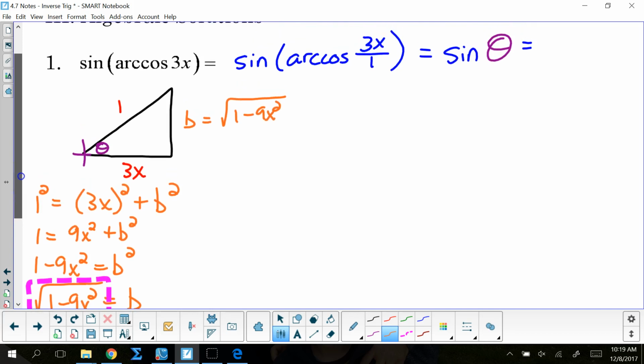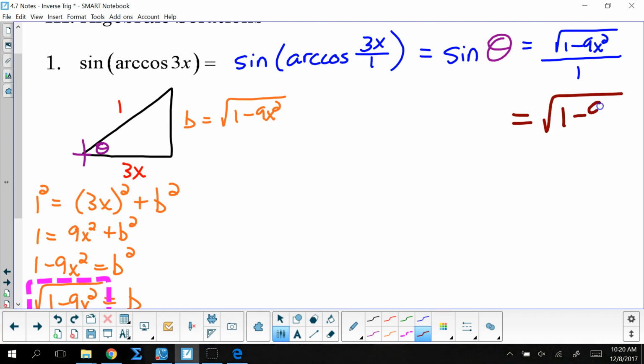So my sine then is going to be the opposite side, the square root of 1 minus 9x squared, over my hypotenuse, which is 1, which can just simply be written as the square root of 1 minus 9x squared.